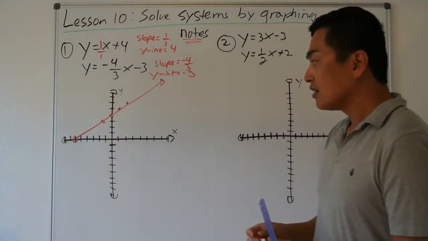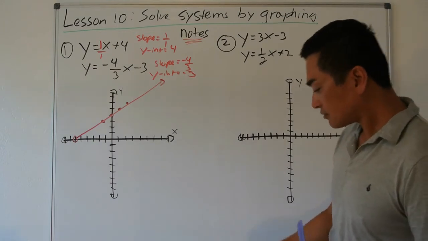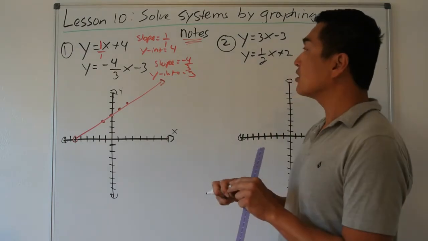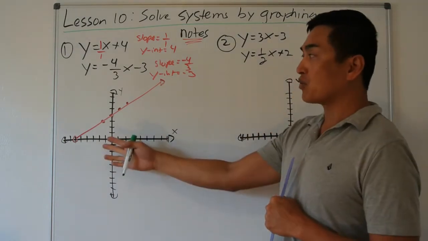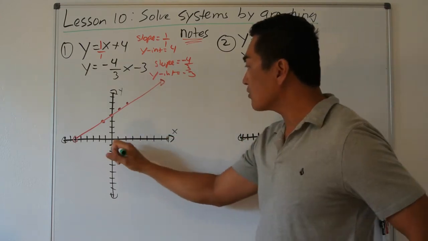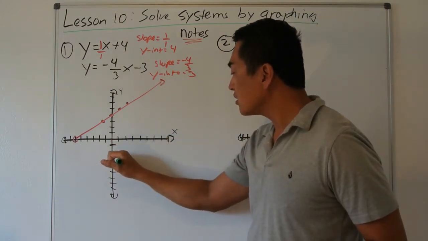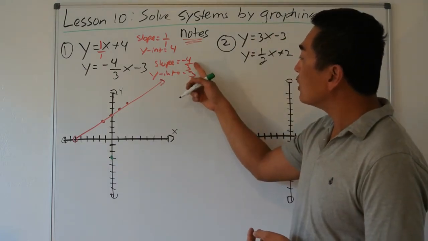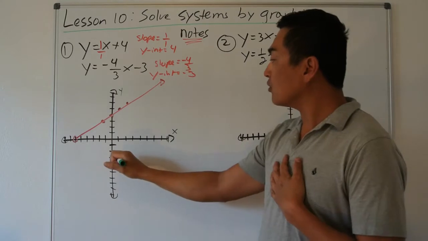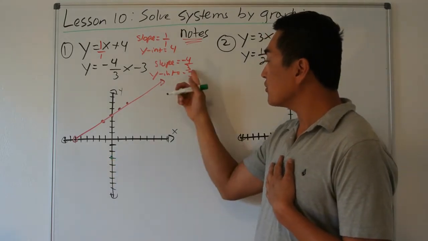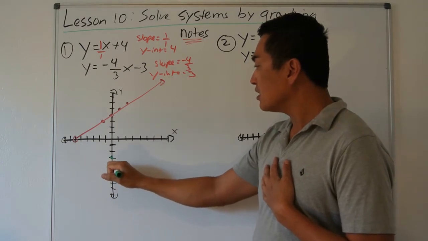Now my next graph, I'm going to use a different color, you don't need to. I'm going to graph the second one on the same grid. I'm going to start off with negative 3. Negative 3 is down here, 1, 2, 3. Then I'm going to go down 4 and to the right 3, so down 4, 1, 2, 3, 4, and then remember you always go right, so 1, 2, 3.